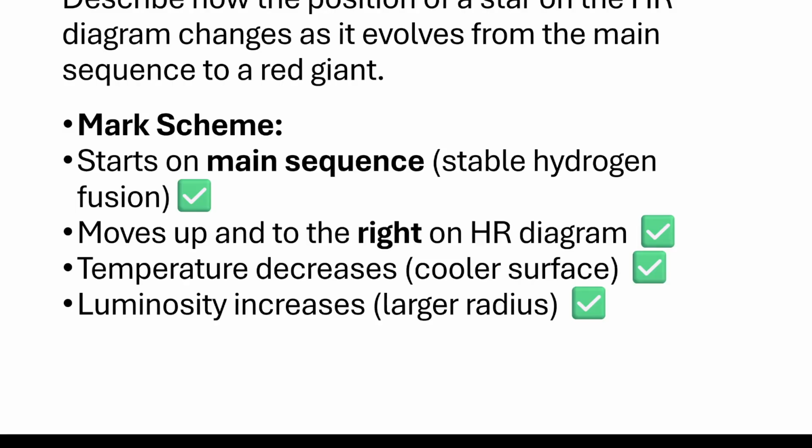Now you have to talk about where it is moving on the HR diagram. So you need to say it moves up and right. Why is it moving up and right? Because the temperature is cooling down, and because it is becoming larger in size, luminosity is increasing.